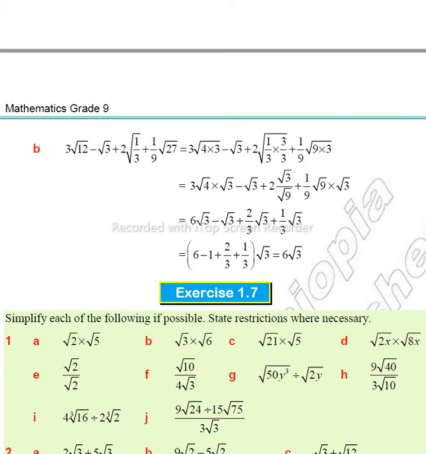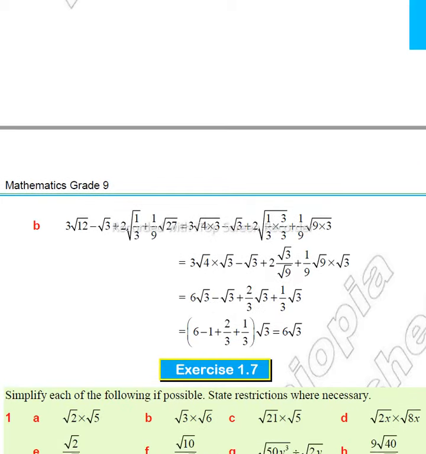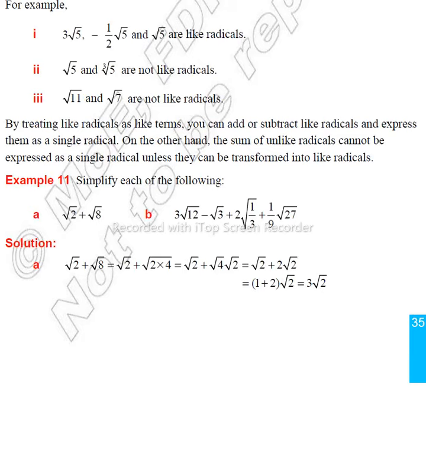For today, this is all about addition and subtraction of radicals. Under addition and subtraction, we see that we can add or subtract radical numbers if and only if they have the same index and the same radicand, so the numbers must be like radicals.